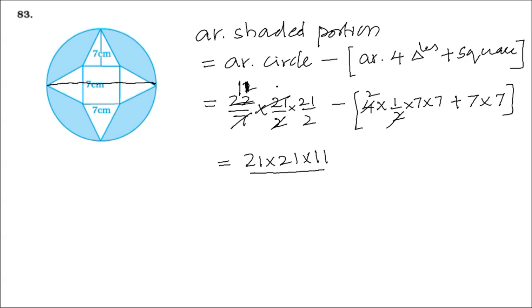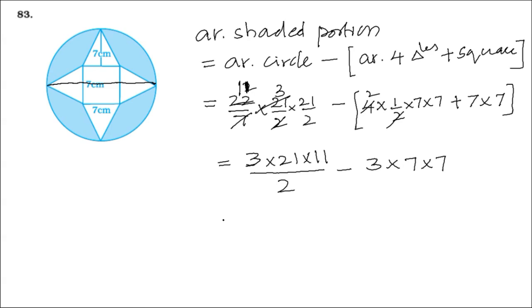This is 7 3 times 21. So we will not have this 21. Instead, we will be having 3 over there. 3 times of 21 into 11 divided by 2 minus 7 into 7 into 2 plus 1 more 7 into 7. Totally, we will be having 3 times of 7 into 7.